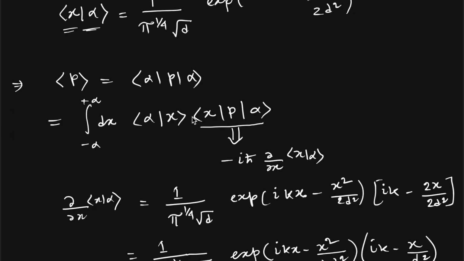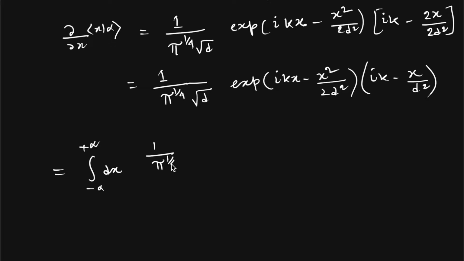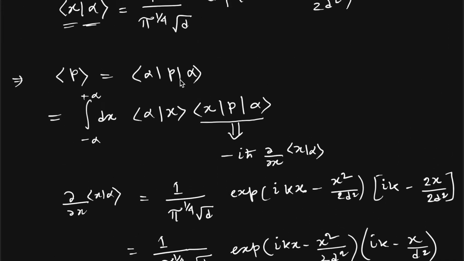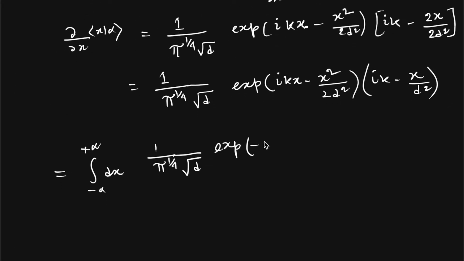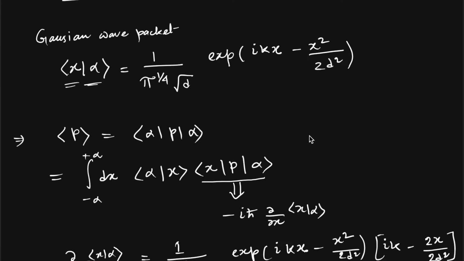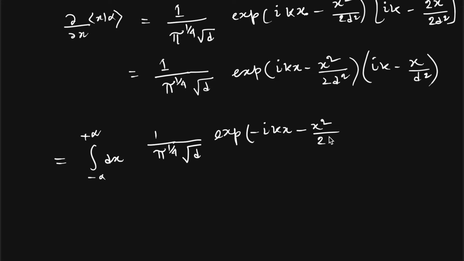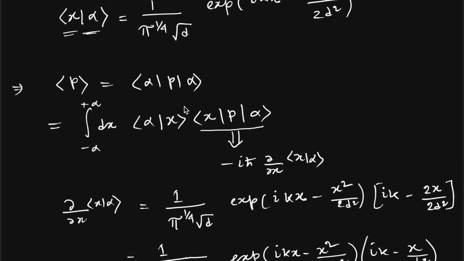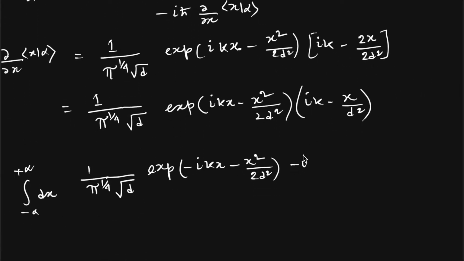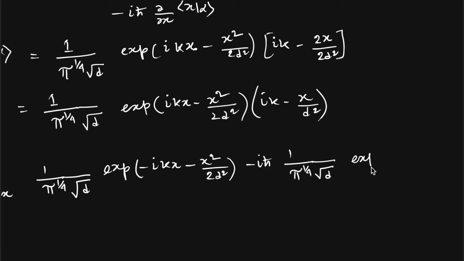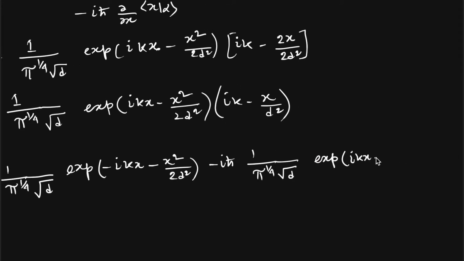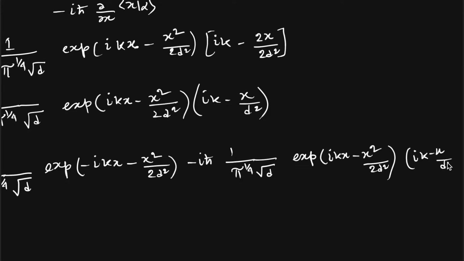This will be 1 by pi to the power 1/4 root d, exponential. <x|alpha> star is alpha's complex conjugate, that means it will be exponential minus i k x minus x square by 2d square, multiplied by minus i h cut, and this del x alpha will be 1 by pi to the power 1/4 root d, exponential i k x minus x square by 2d square into i k minus x by d square.